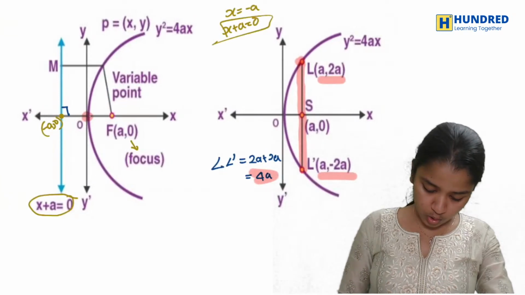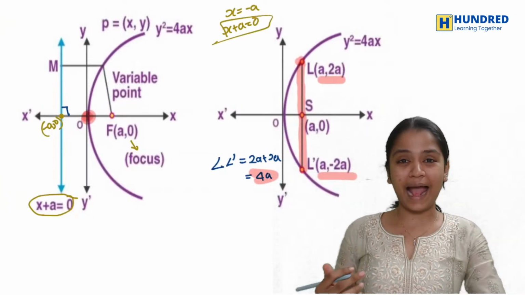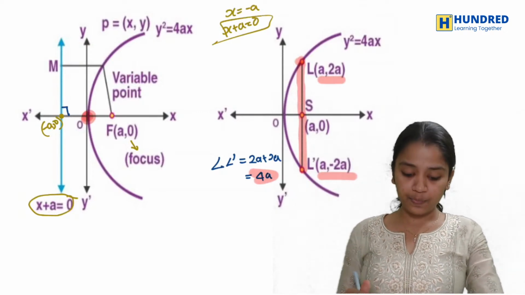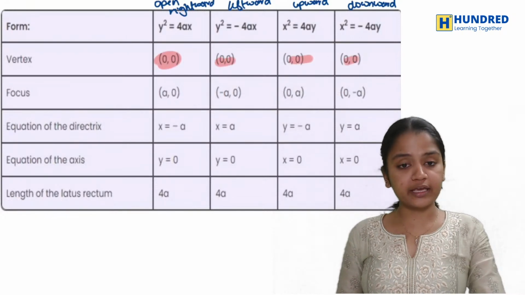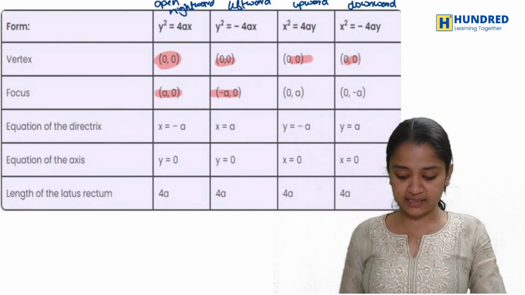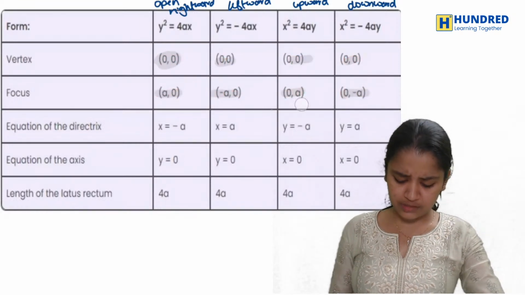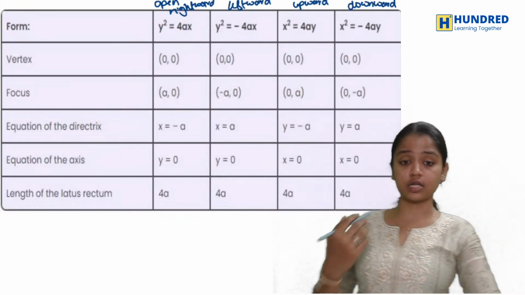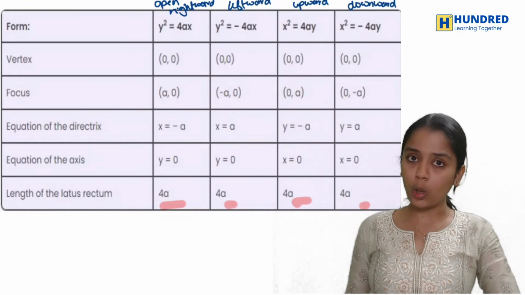The point where it meets the major axis is the vertex. So for all the parabolas, I'm talking about (0, 0) only. The focus here is (a, 0), then (minus a, 0), (0, a), and so on. In the same way, your directrix will also change, your equation of axis will also change, and your latus rectum is the same for all of them.